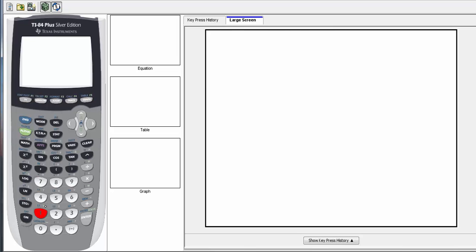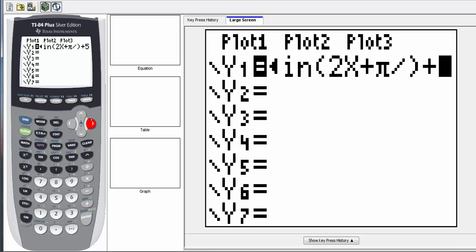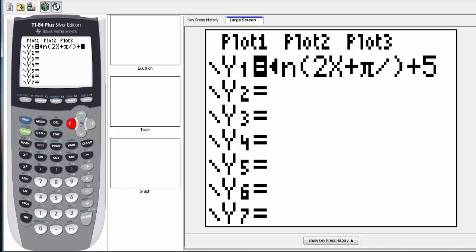Y equals 3 sine 2x plus pi. Okay, when I type this in, this should be 2x plus pi divided by 4.